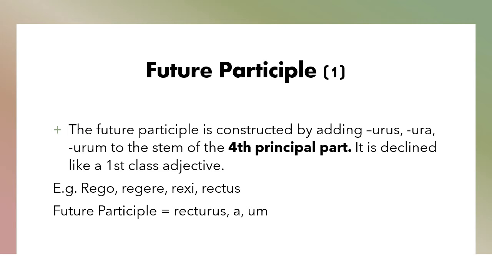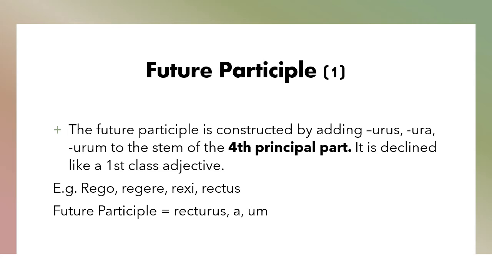Let's go to the future participle, which is something that we do not have in English, for example. Well, actually, not even in Italian, but in Italian sometimes we have some crystallized forms which come from a Latin future participle. The future participle is constructed by adding urus, ura, urum to the stem of the fourth principal part, and it is declined, as before, like a first-class adjective.